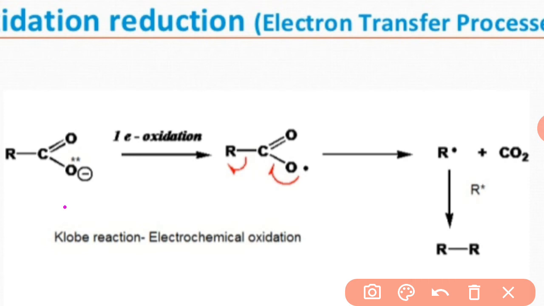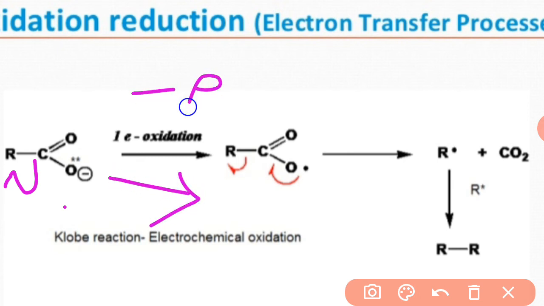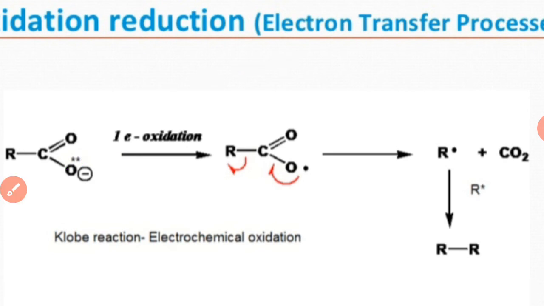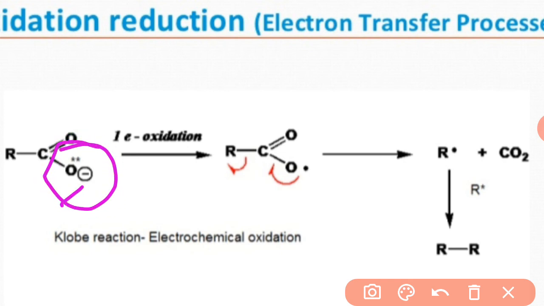At that position, this R got one electron by homolytic fission, and one electron is lost. When one electron was lost, instead of that negative charge, a free radical was generated. One electron is deficient at this oxygen spot. This oxygen does not have as much electron density now, it has somewhat of a deficiency.